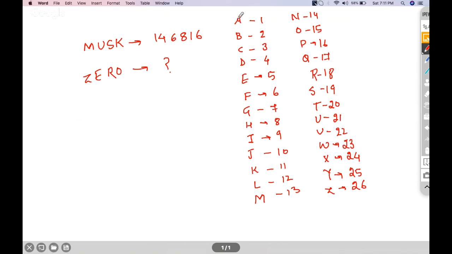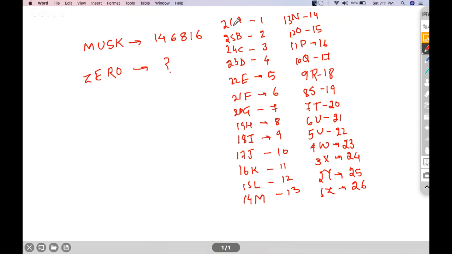So what we will do over here is, try to understand, if I start writing numbering from the other side, this becomes 1, this becomes 2, this becomes 3, this becomes 4, 5, 6, up to 26.